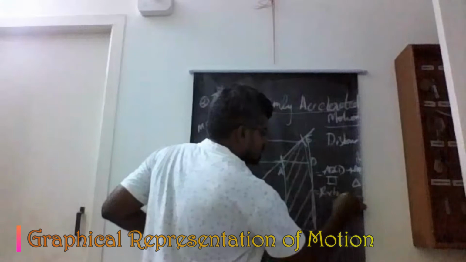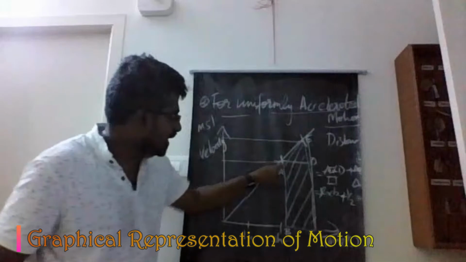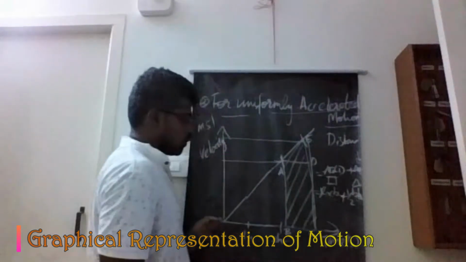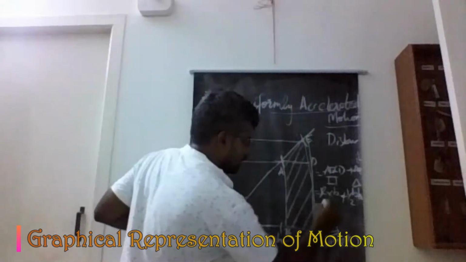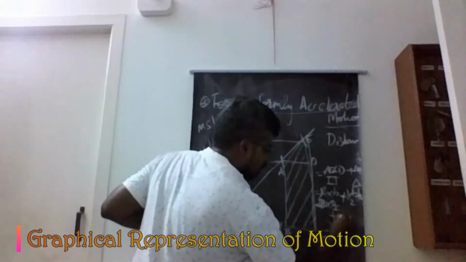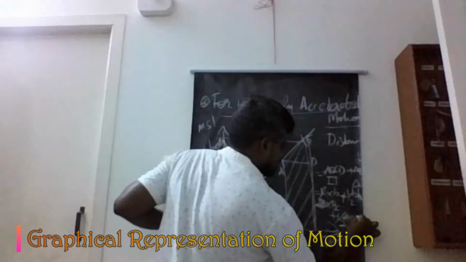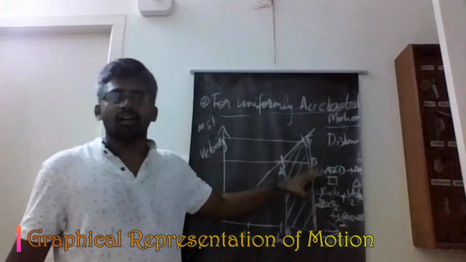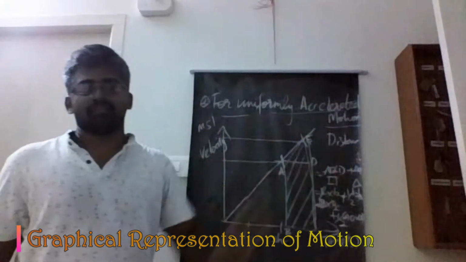L into B. What is the area of the triangle? Half into base into height. So if we calculate in that way, AB into BC plus half into AD into DE. This is the distance covered by the vehicle.